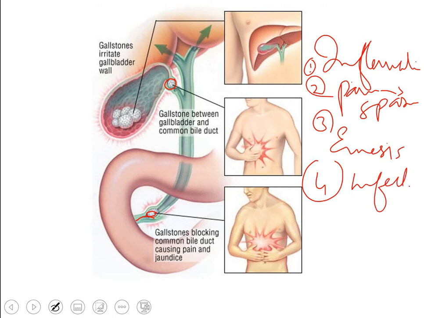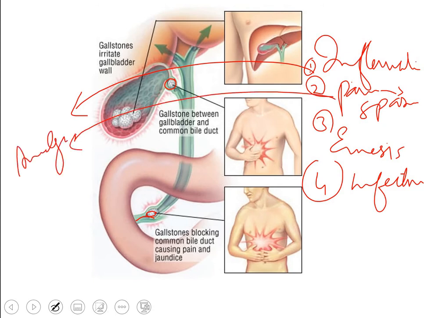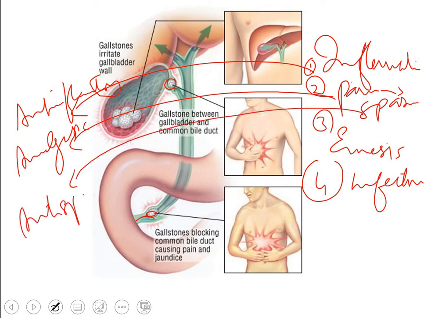In order to treat this, you will give anti-inflammatory drugs and analgesics. For the spasm you will give antispasmodic drugs, and for the emesis you will give anti-emetic drugs.